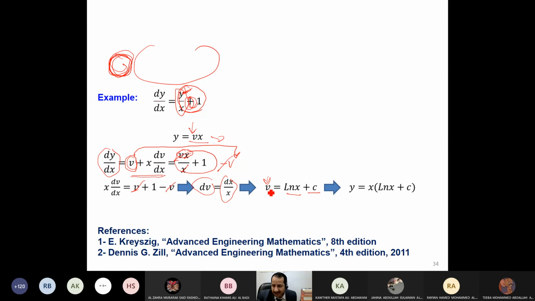But I don't want v, I want y. So I go back from here, v equals y over x. So I substitute and multiply by x, and I get this expression. So the only idea here is when I have plus or minus, I need to go for an assumption. I assume this one here, and then I go for a function of x and v. It will become directly separable, solve it, and return back to y.